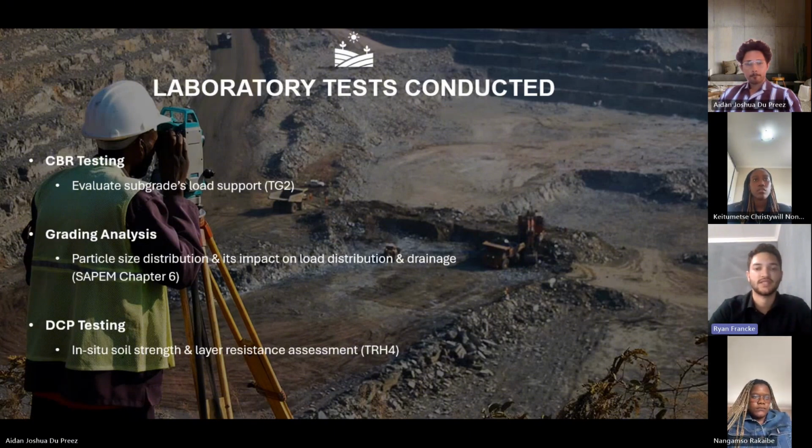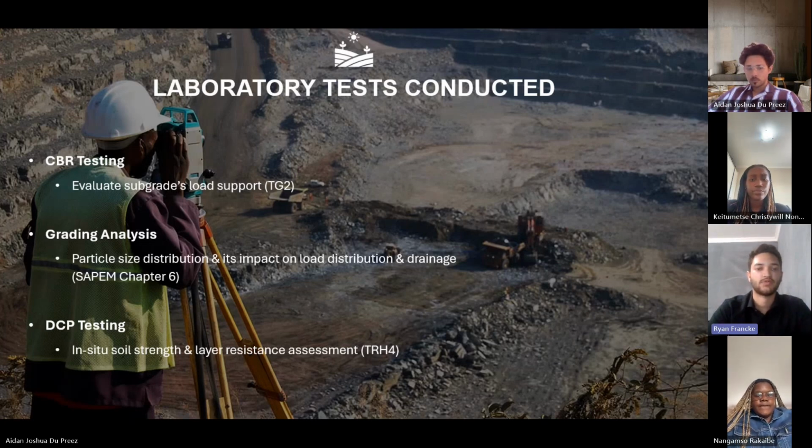layers if necessary. For the DCP testing, as referred to in the TRH4, it is an in situ method for assessing the strength and resistance of subgrade soils and pavement layers. The test involves driving a cone into the soil using a hammer, and the number of blows required to penetrate a certain depth is recorded.